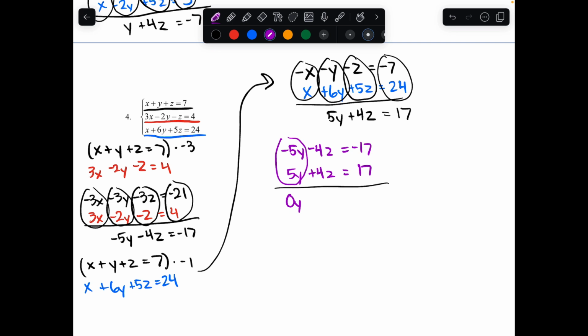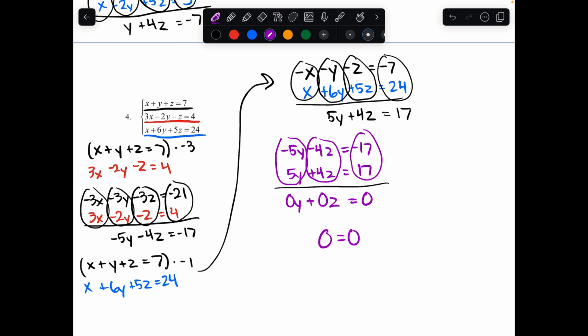And then negative 4z plus 4z, that's going to be 0z. And then we have negative 17 plus 17, so equal to 0. Well, 0 times y is 0, and 0 times z is also 0. So we end up getting 0 is equal to 0. Is that a true statement? Well, yeah, right? 0 is equal to itself.